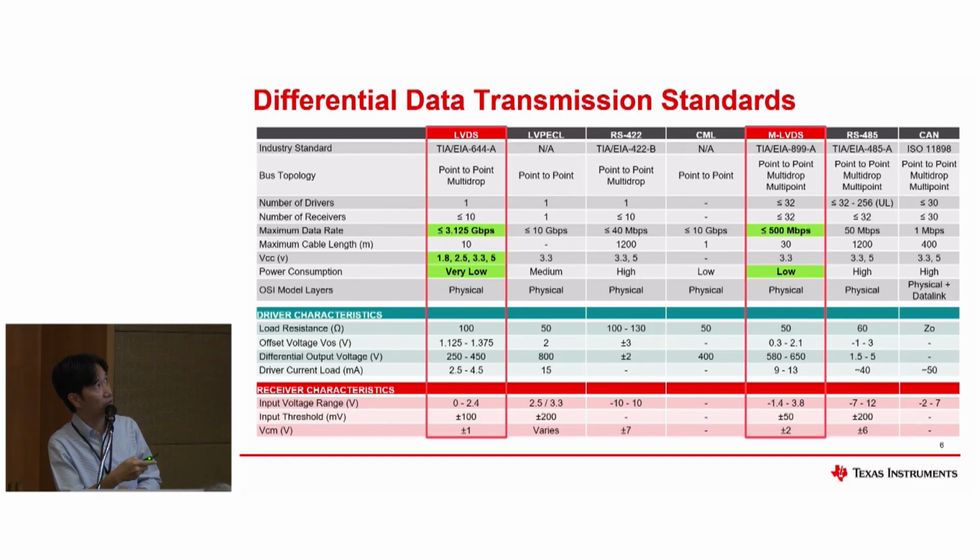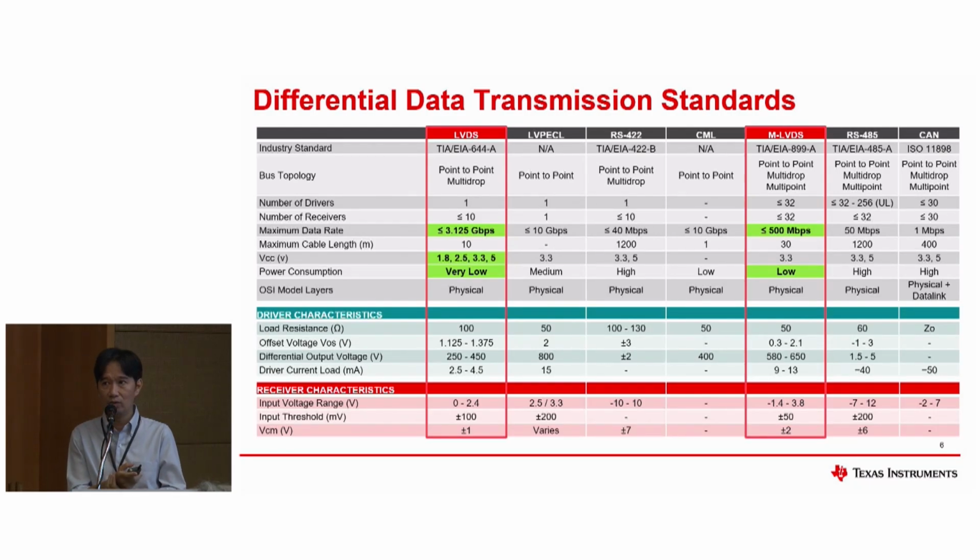This is the industrial standard that LVDS supports, and this is the industrial standard that M-LVDS supports. In terms of topology, LVDS supports point-to-point or multi-drop, but M-LVDS supports three topologies: point-to-point, multi-drop, and multi-point.